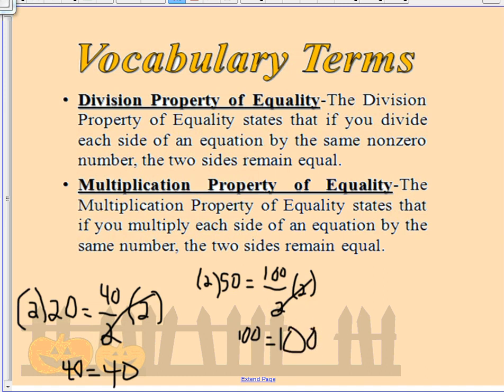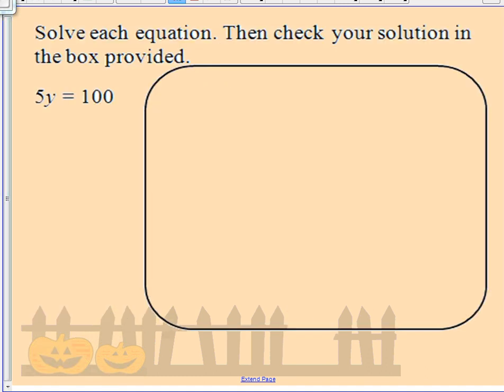So using that idea, we can actually solve problems that way. So if I have 5y equals 100, going back to my inverse operations, now I can think about the relationship between 5 and y: they're being multiplied, okay?